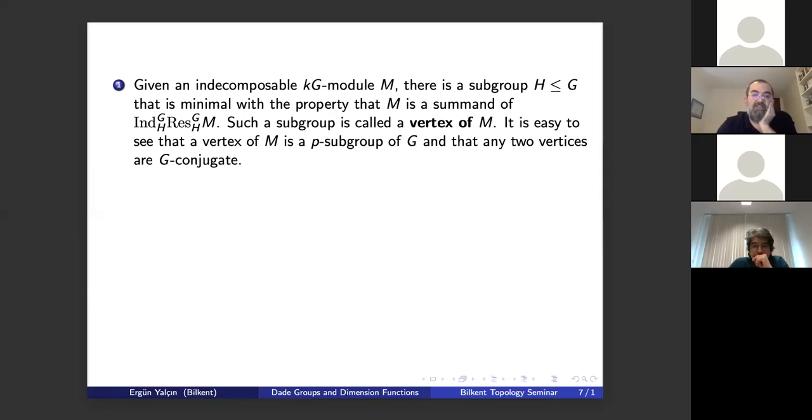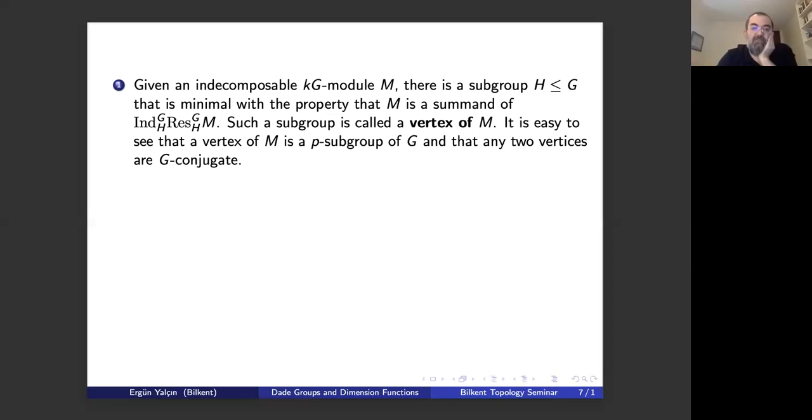And by the characteristic being p, you can easily show that the vertex should be a p-group. Otherwise, you have a smaller one. So the minimal such subgroup where M is a summand of an induced module from some subgroup is a p-group and is unique up to conjugation.